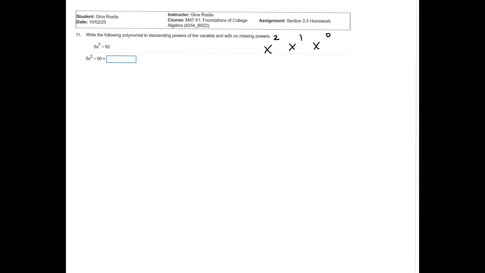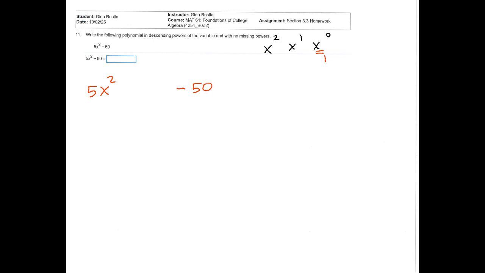There is x to the 1, yeah? So it means this is, remember, this is equal 1, yeah? So now, I just write down again, 5x squared minus 50, right? So I need something in the middle here.